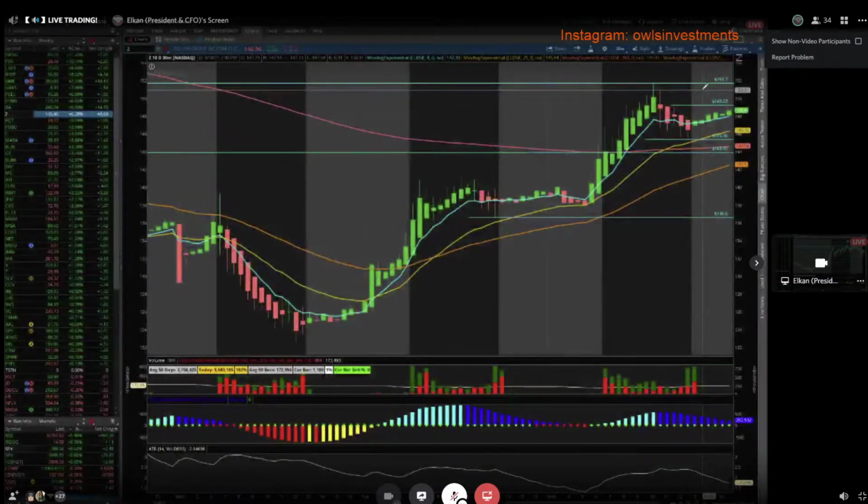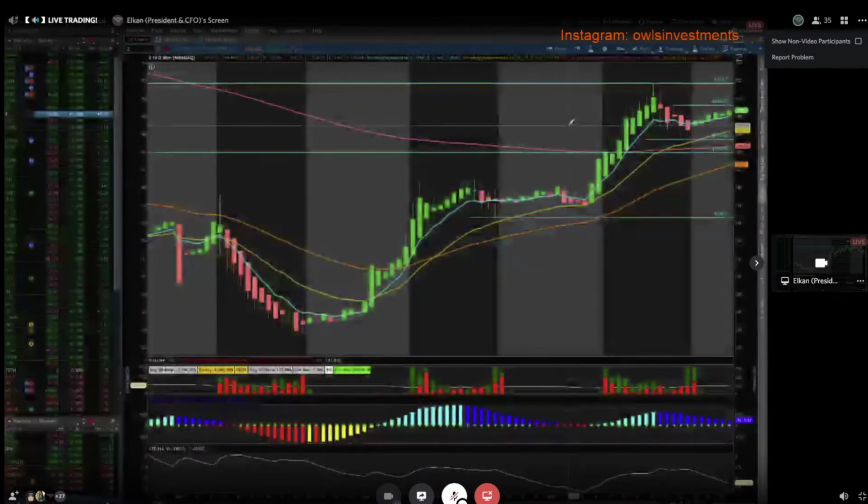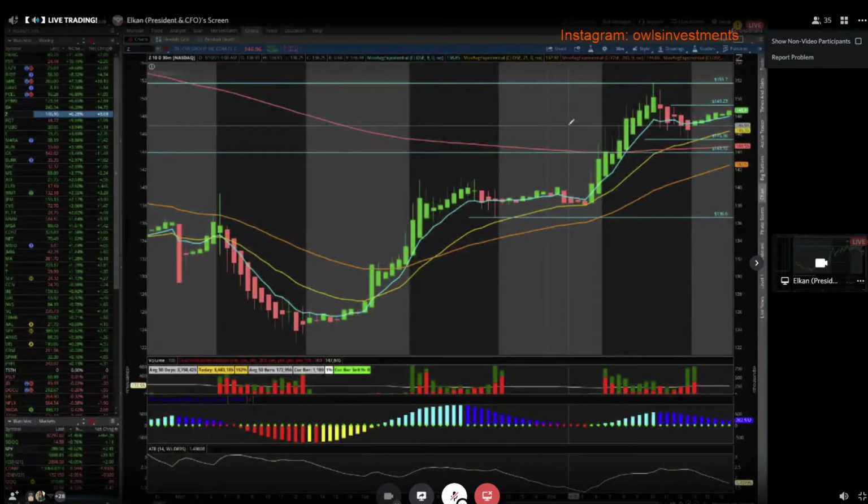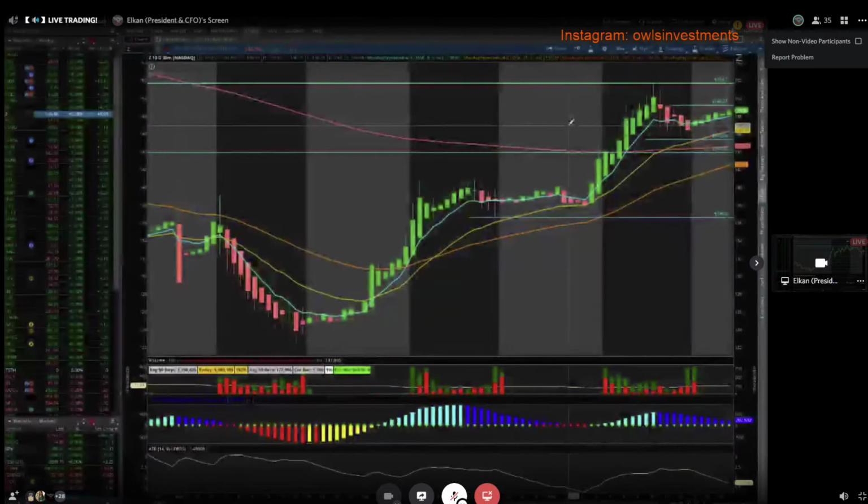So we have liquid contracts, multiple expirations in the same week, pretty good consistency and respect for the levels, and it usually moves sideways too. So you can get it both ways. It's not like Boeing today that moved all the way up. SPY usually doesn't do that.